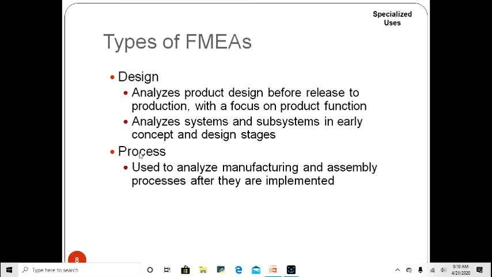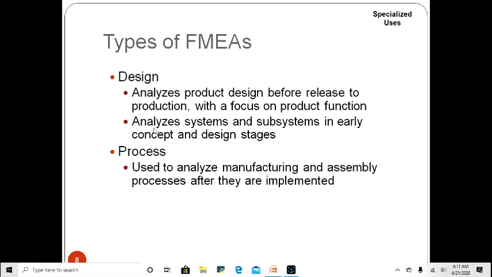And another type where you apply is a process. So once the process starts, you can analyze how the product is, whether it is meeting the quality requirement. Okay, if it is not, what is the reason? Whether it is with respect to the manufacturing or the process that is involved.